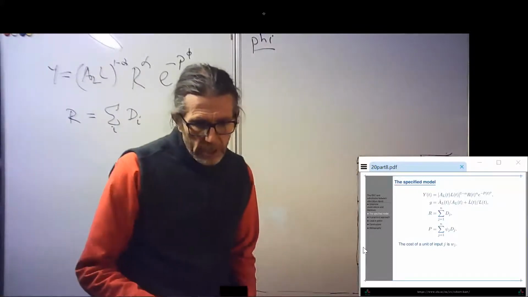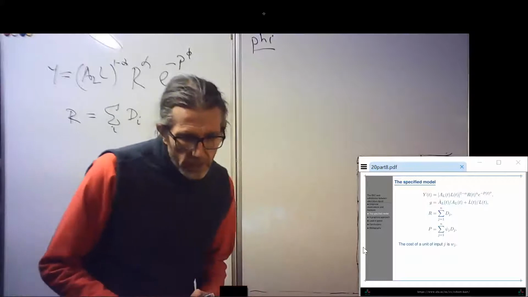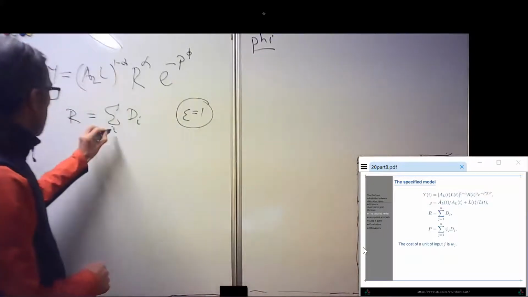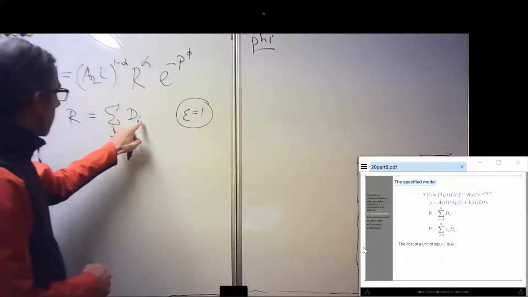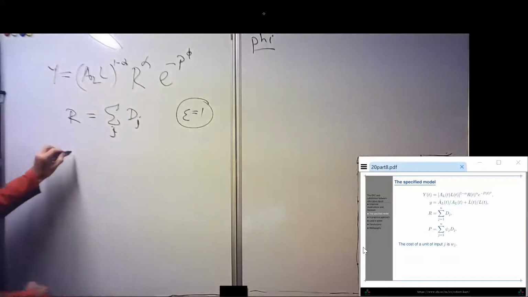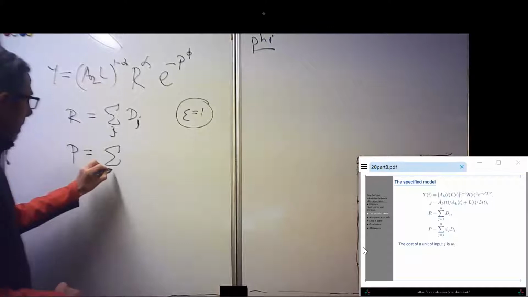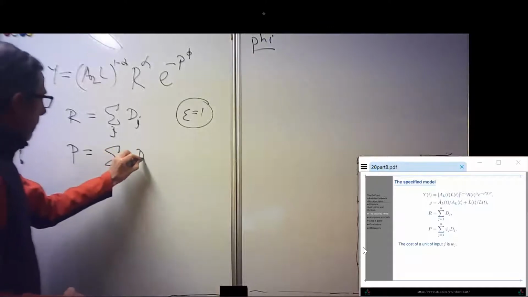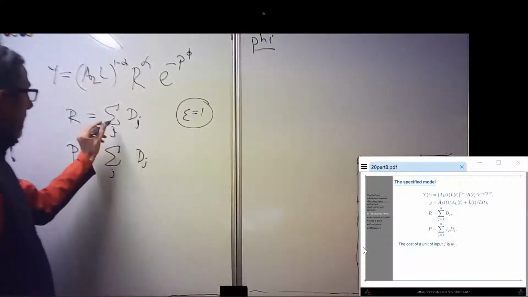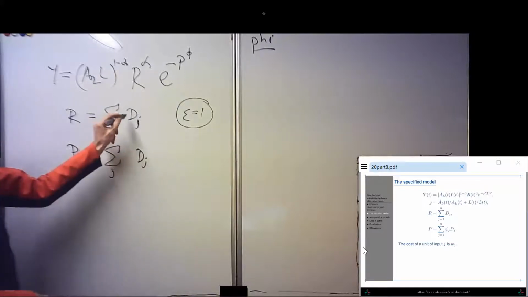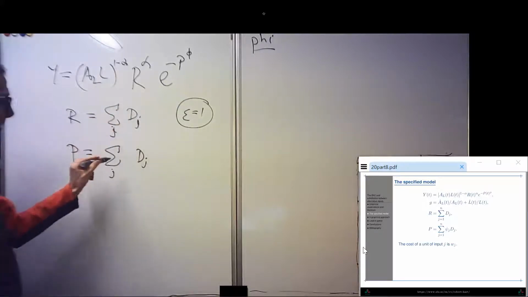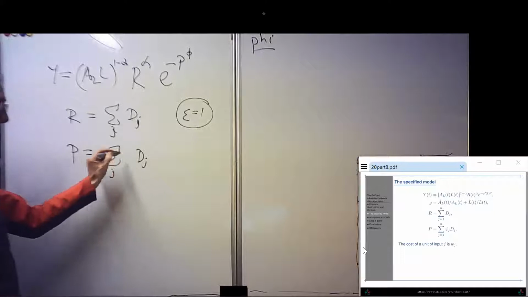And pollution is also the sum of the D's. Sorry, I have J's for some reason. Can't remember why. Pollution is also the sum of the D's, but here with normalized units so that they're all equally productive, we can't then normalize these units.